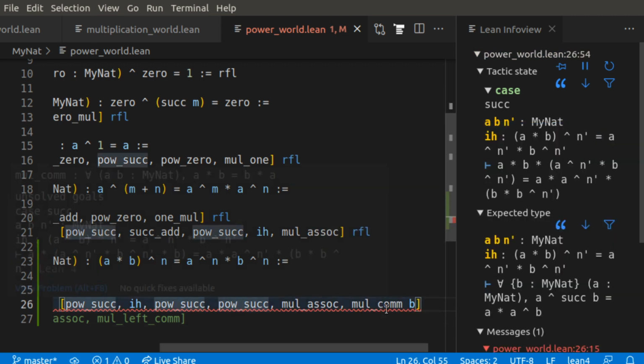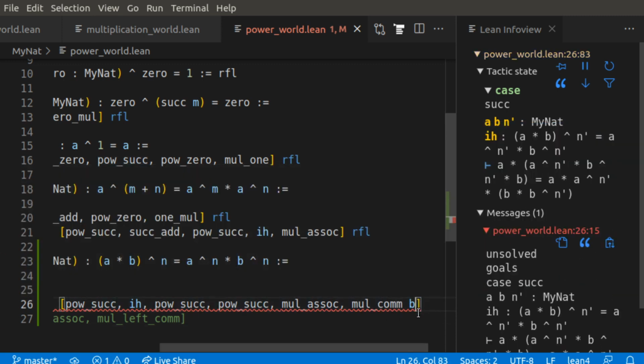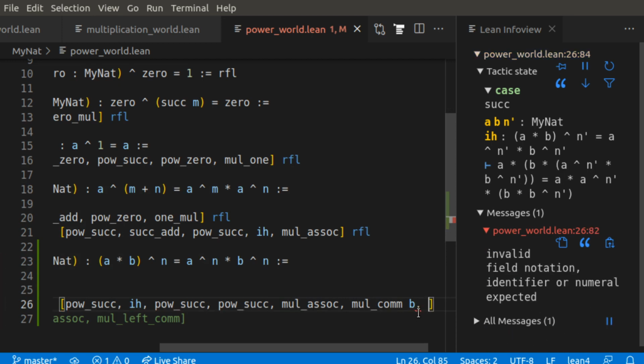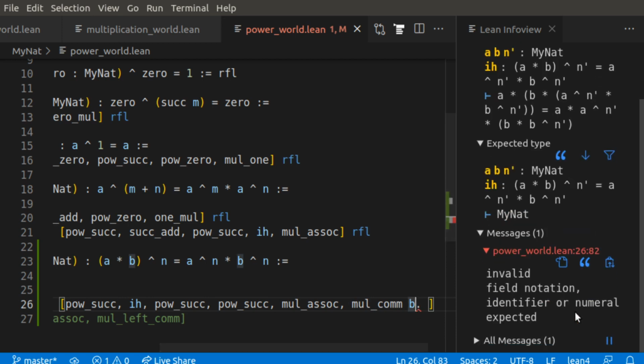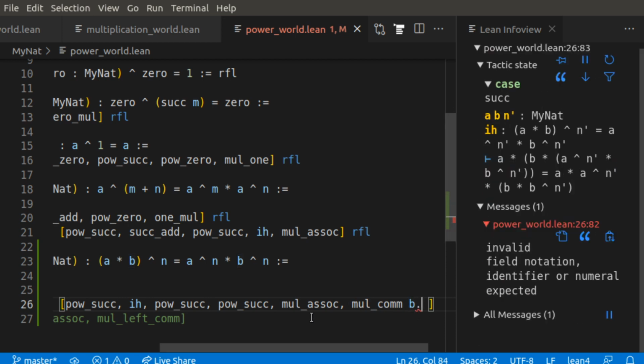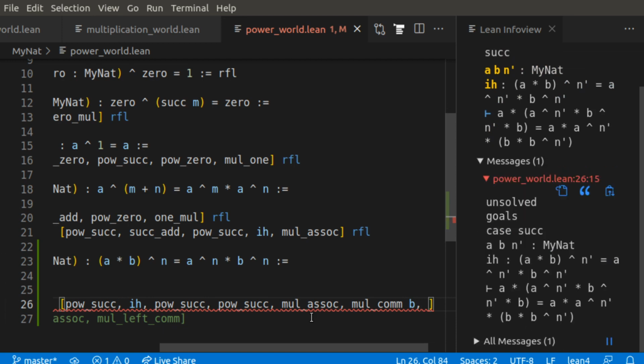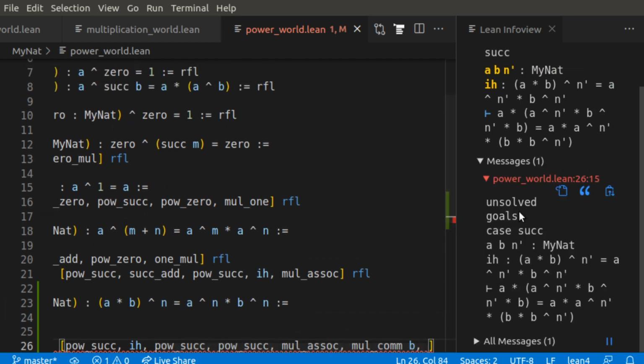Oops. Now a, b, a to the n, b to the n. Wait, did I guess what we wanted? Invalid field. Oops, not dot, comma. Yeah, nice. We have a to the n.